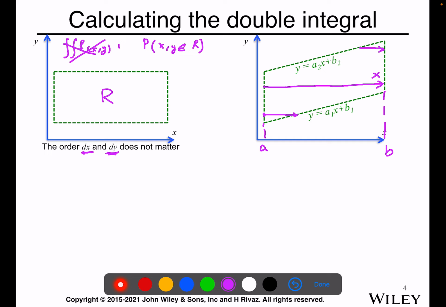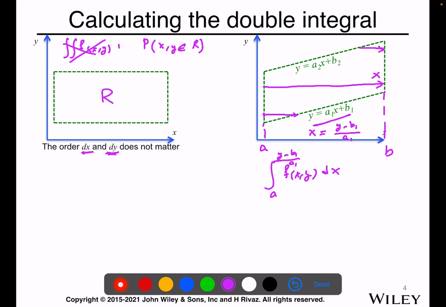You have to convert this line to y. So you have to do your f of x and y dx, and the bound for x will be from A to this line, but I have to convert this line to y, so x is equal to y minus b1 divided by a1.